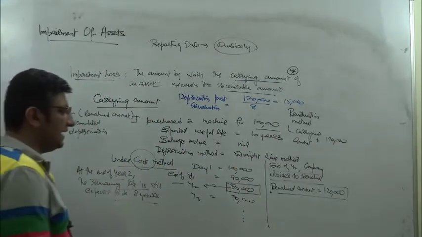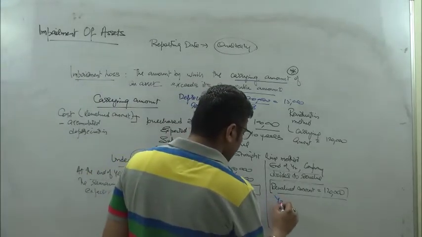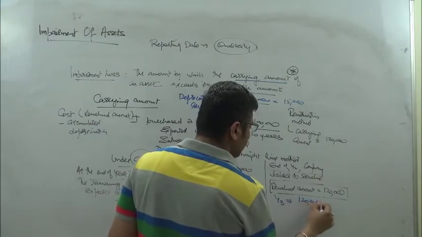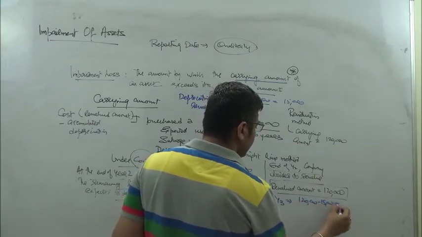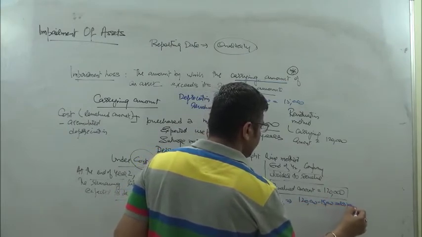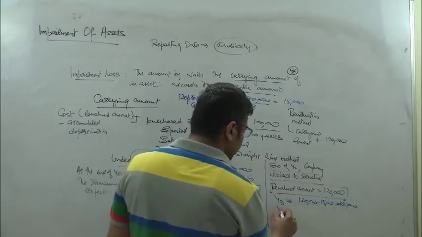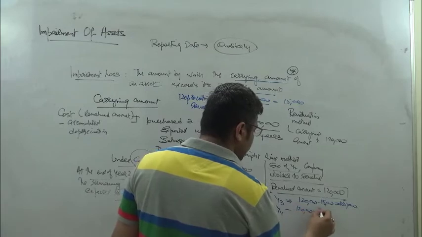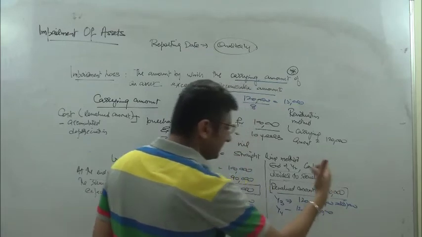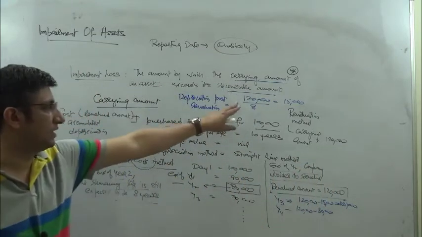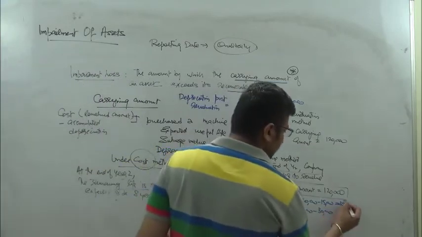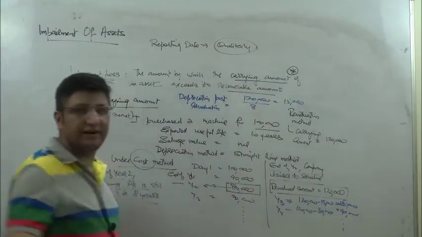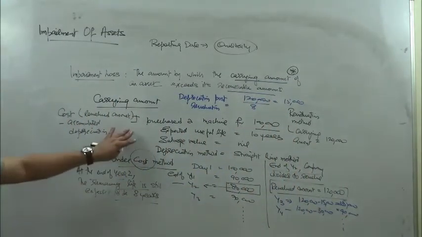It means that at the end of year 3, my carrying value will be 120 minus 15, which is 105. At the end of year 4, it is going to be 120 minus 30, because each year now I'm going to calculate an annual depreciation of 15. This becomes 90,000 and likewise. Are you fine with that idea first of all?